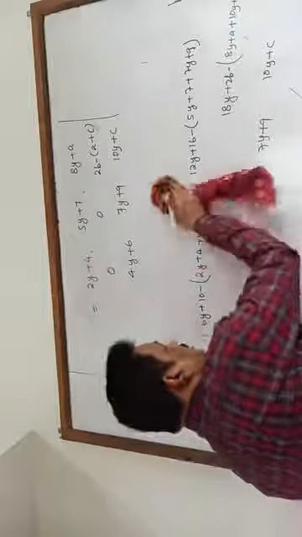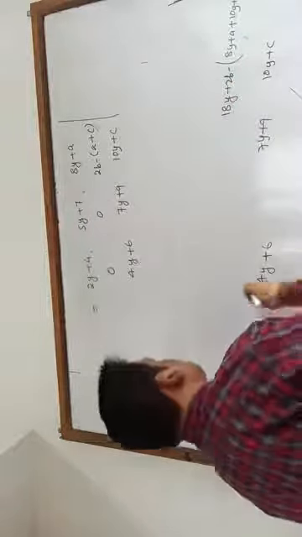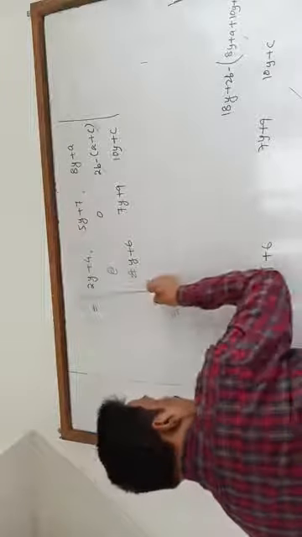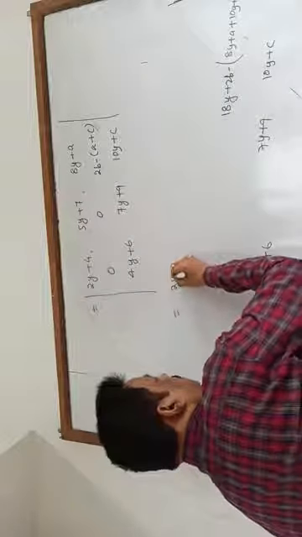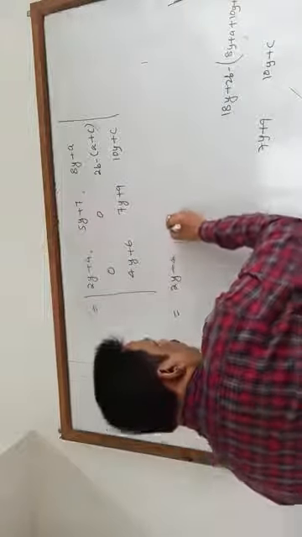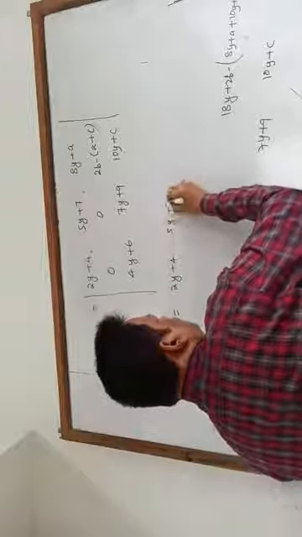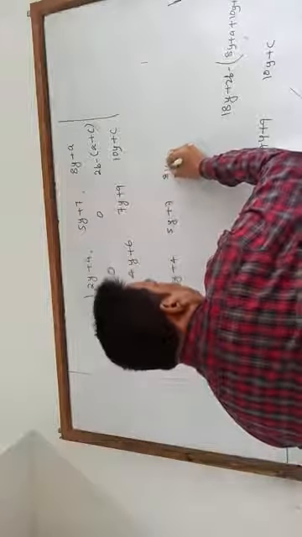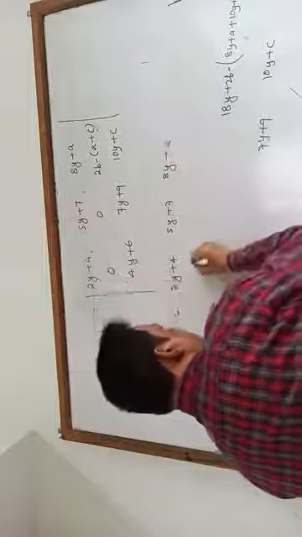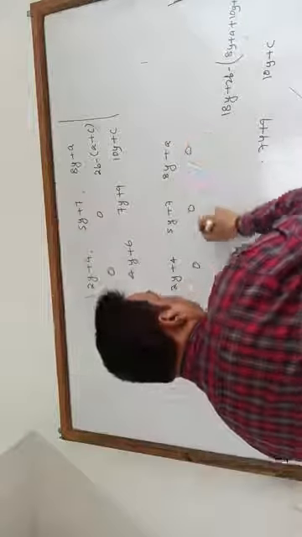So you are getting 2y plus 4, 5y plus 7, 8y plus 8, and this row is 0, 0, 0.